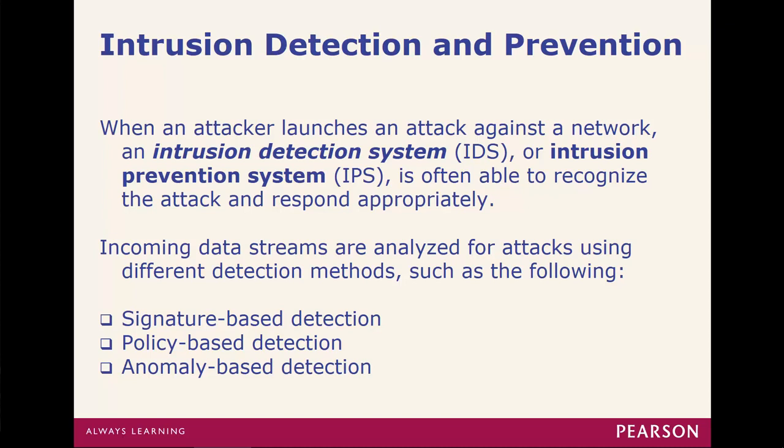They're passive. Normally, these devices will look at the incoming data streams and analyze the attack using different methodologies. They may look for signatures or for policy-based detection or just for abnormal traffic. So these devices could know what's normal and what's not normal. And anything not normal, it may set off an alarm.